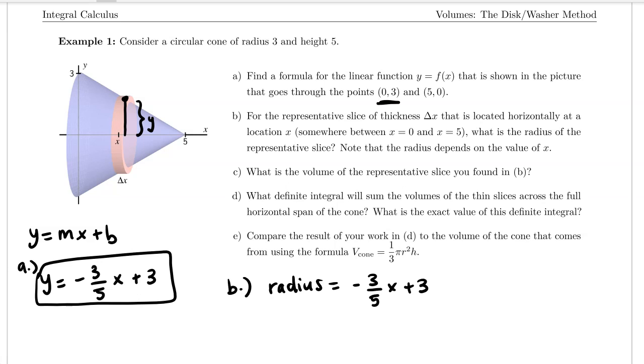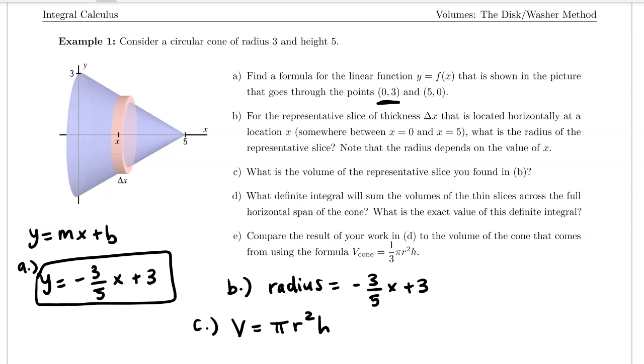Part C says, what is the volume of the representative slice you found in part B? Because this slice of bread right here is a circular cylinder, we know from the previous page that the volume of a circular cylinder is given by the formula pi r squared h, where r is the radius and h is the height.